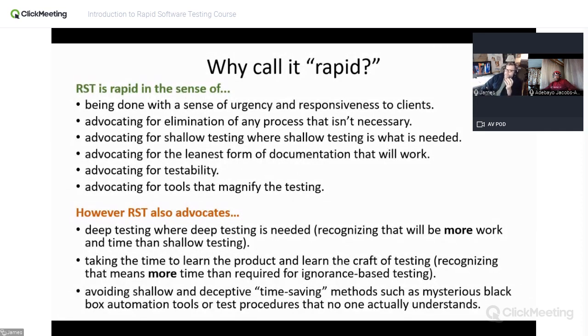But the essence of rapid testing, you see, is we take responsibility for that. We say, okay, I missed that bug. I'm going to learn from this. I'm going to get better. That's what I always say to my clients. I cannot guarantee I'm going to find every bug. I can guarantee that I will care very much about every bug I miss.